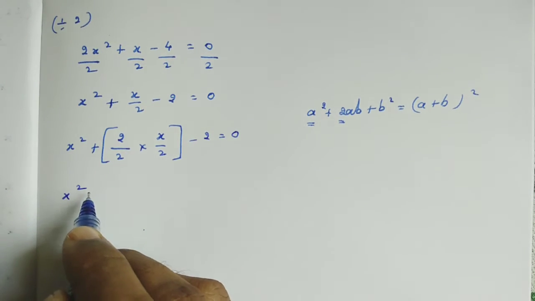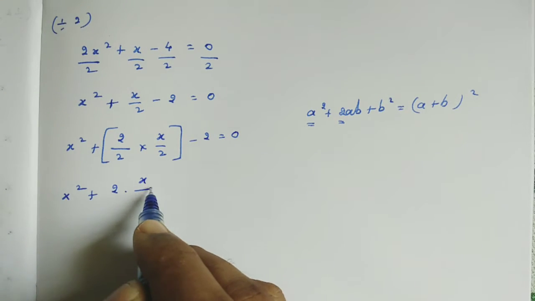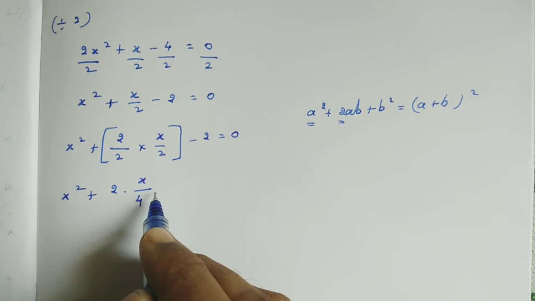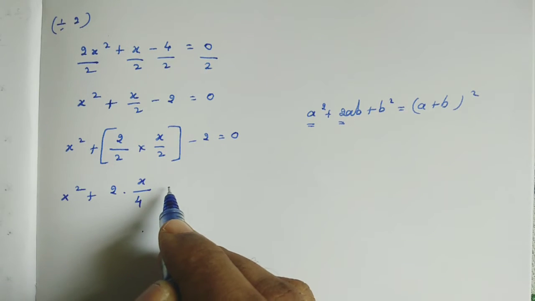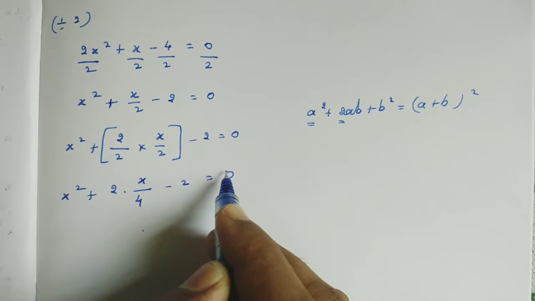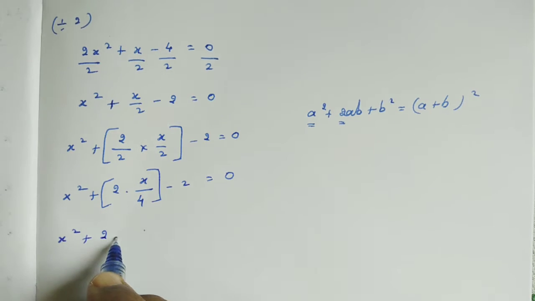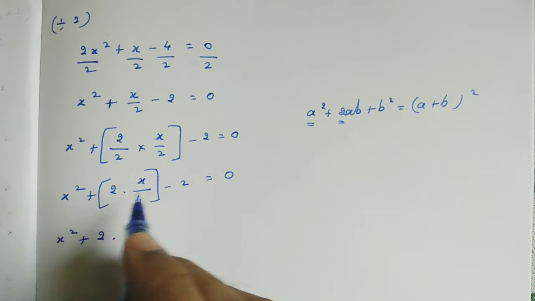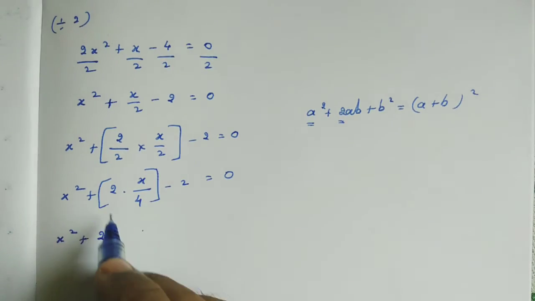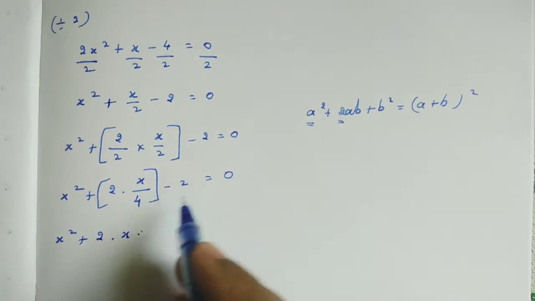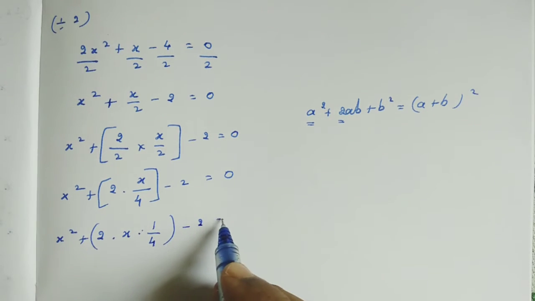Then x squared plus 2 into x into 1 by 4, minus 2 equal to 0. Here a is x, and b value is 1 by 4.